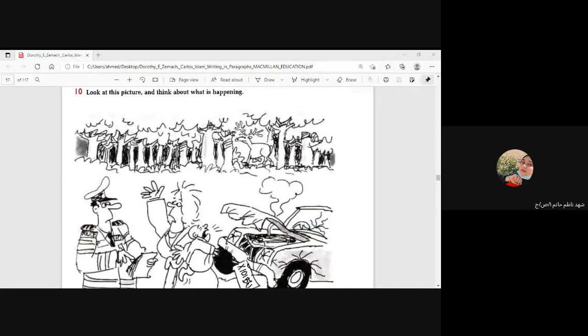Also, I see the policeman taking her statement, giving her a fine, to know the cause of the accident.